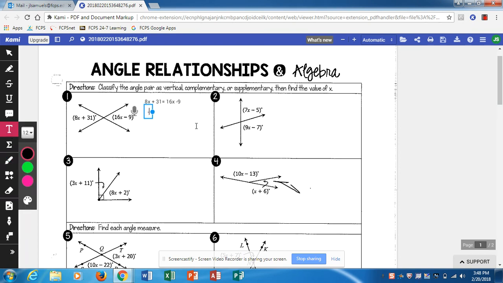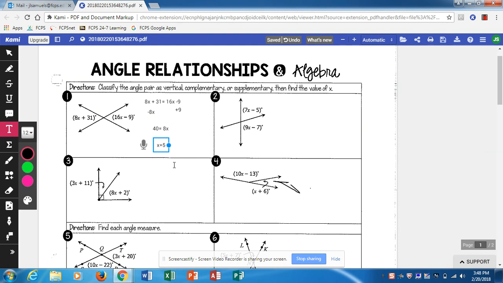So we subtract 8x, and we add 9. Down below, we end up with 40 equals 8x. And we should know what to do. When we finish solving it, we find that x equals 5.